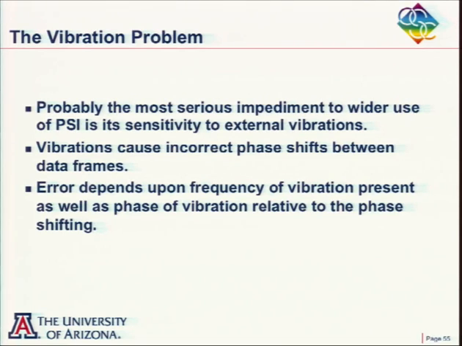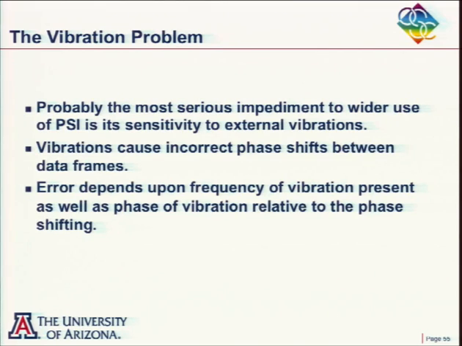Probably the most serious limitation to phase shifting interferometry and in using it in manufacturing environments would be the vibration. And as we said, the vibrations cause incorrect phase shifts between data frames.